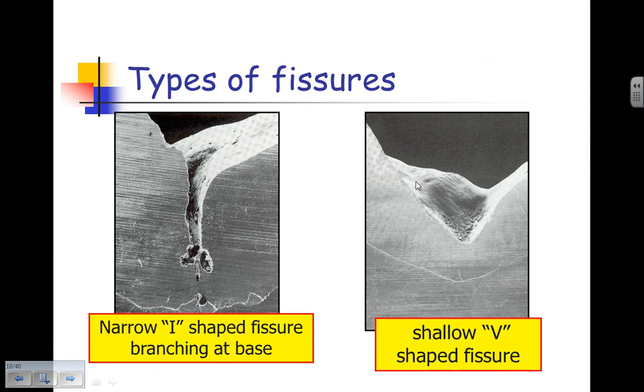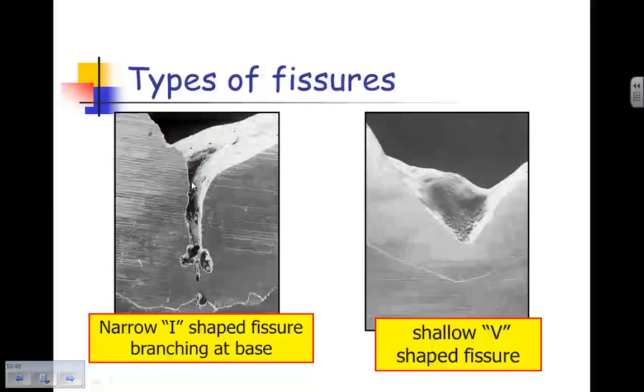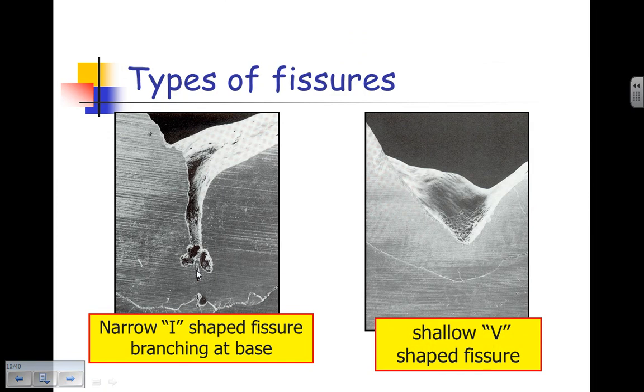We see different types of fissures, from a narrow eye-shaped fissure that's branching at its base, where when the bacteria are forced into these fissures, they cause demineralization and progress to the DEJ and then progress into the dentin. These are very at-risk pits and fissures, teeth that are susceptible to pit and fissure decay.